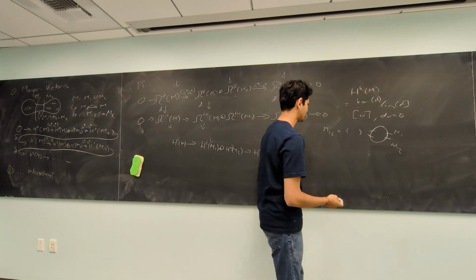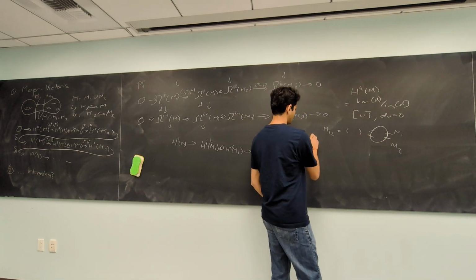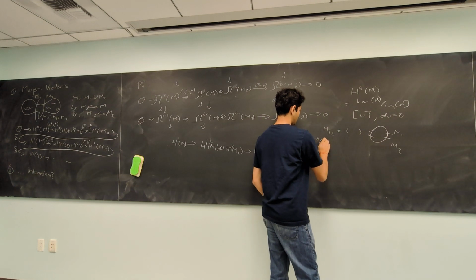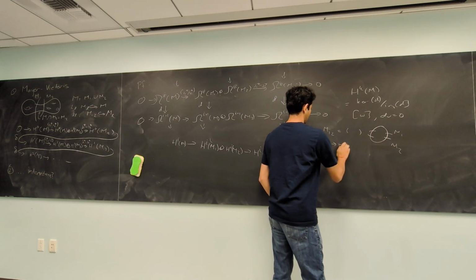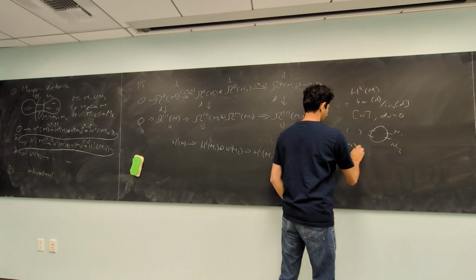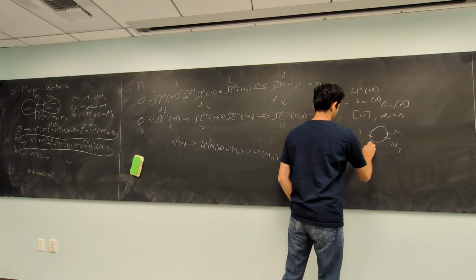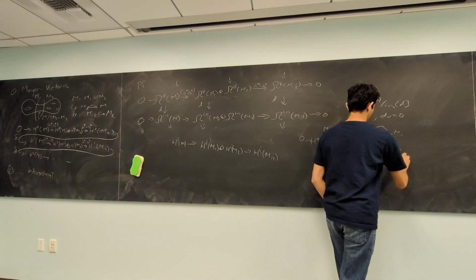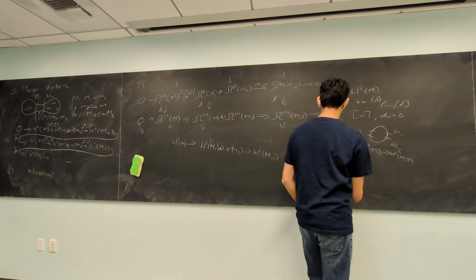Okay, so let's work out the exact sequence. It starts off with 0 over here, H0 of M, H0 of M1 plus H0 of M2 goes to H0 of M12.